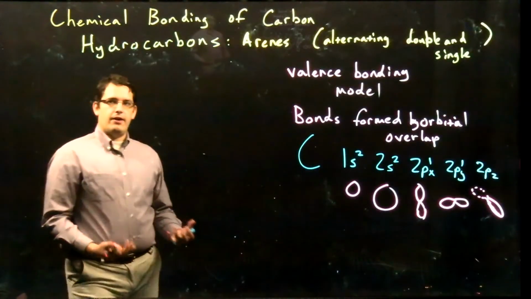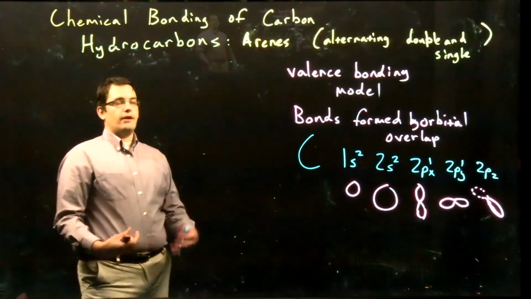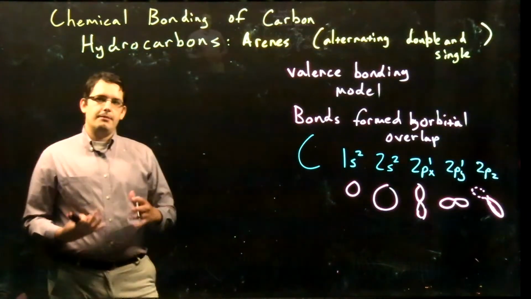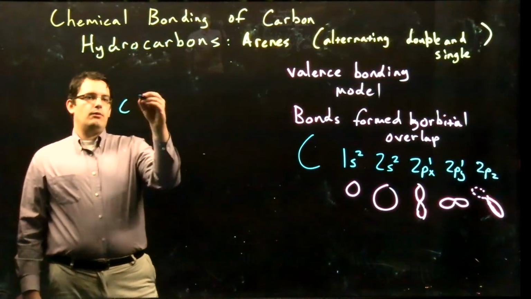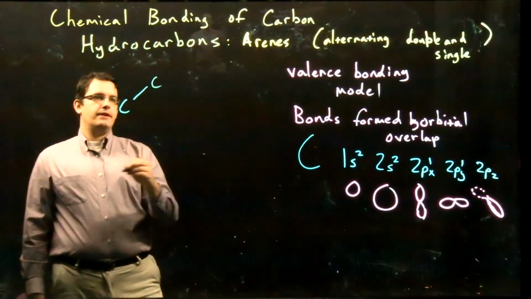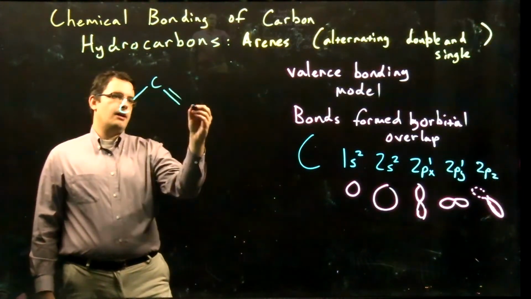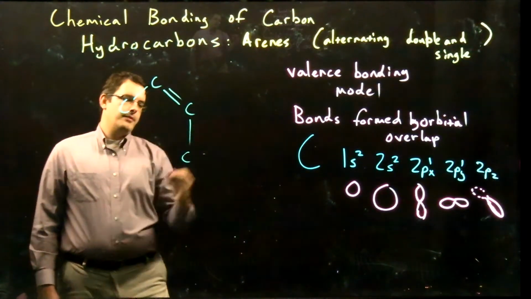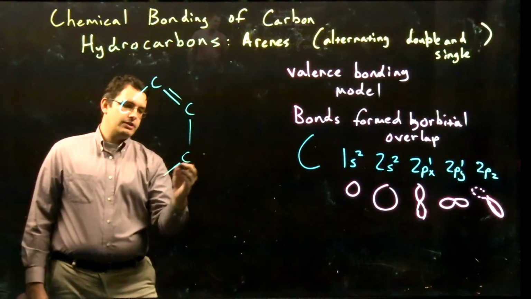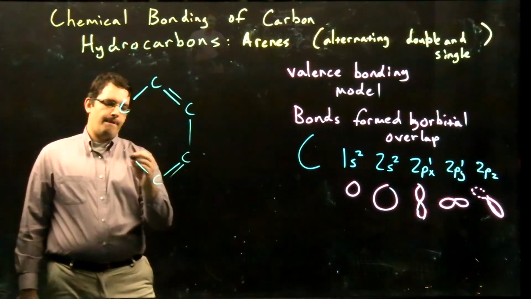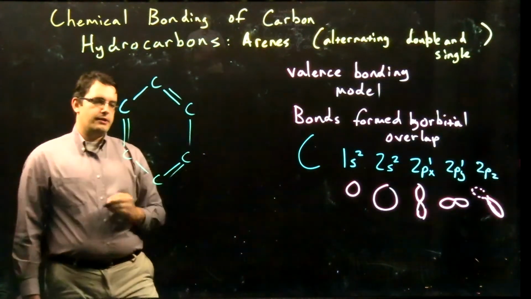Our last class of hydrocarbons that we'll look at is arenes. So arenes are a little bit of a special class where we have both carbon-carbon single bonds as well as carbon-carbon double bonds. They're usually going to form these ring-shaped structures, such as what I just drew here.